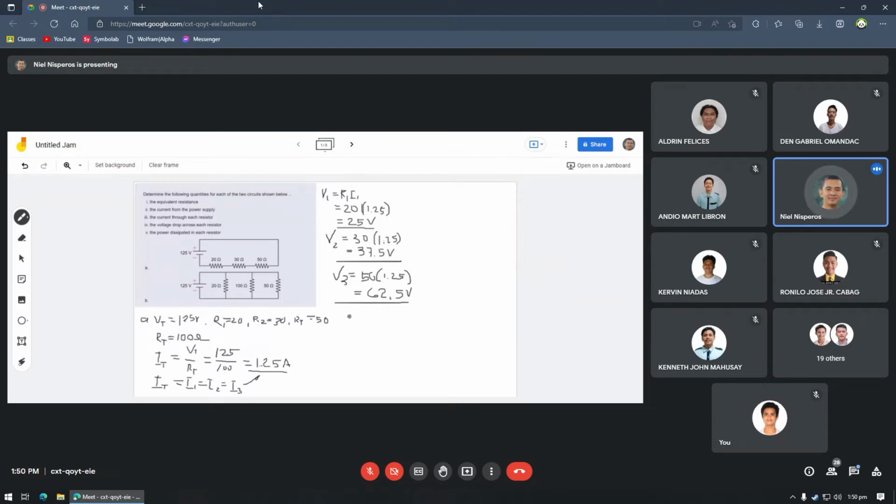And then we have P1. Which formula will we use?